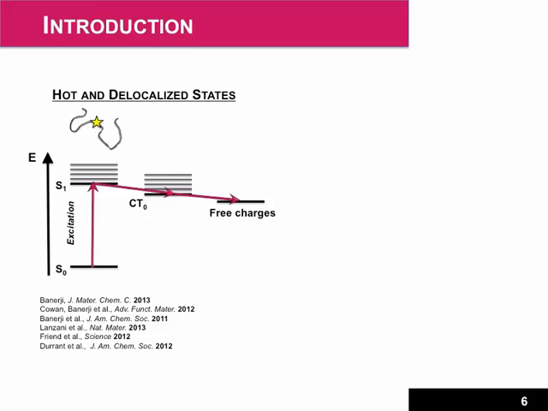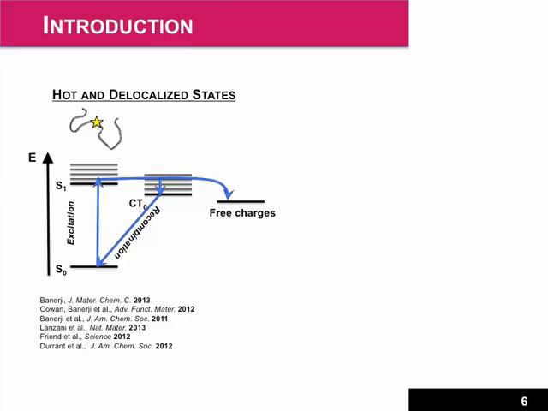time scale. So there has been some discussion in the literature on whether the electron transfer to the fullerene can actually take place from higher lying, maybe delocalized states. This is one point that's being investigated a lot.